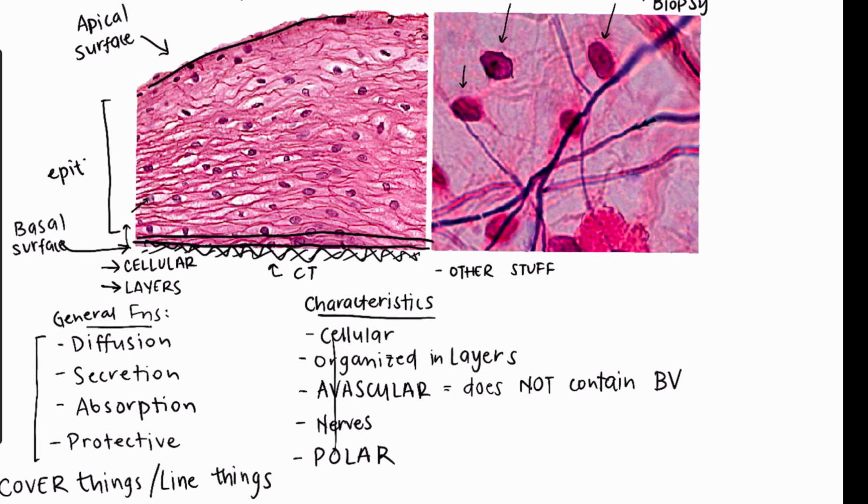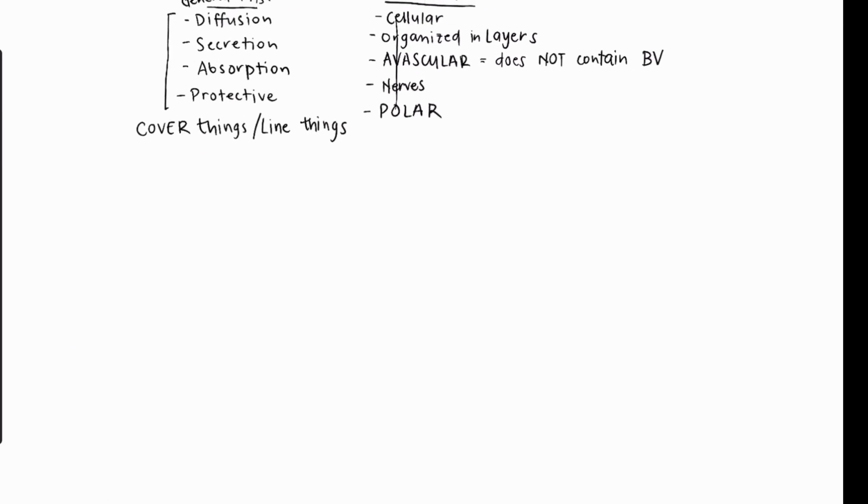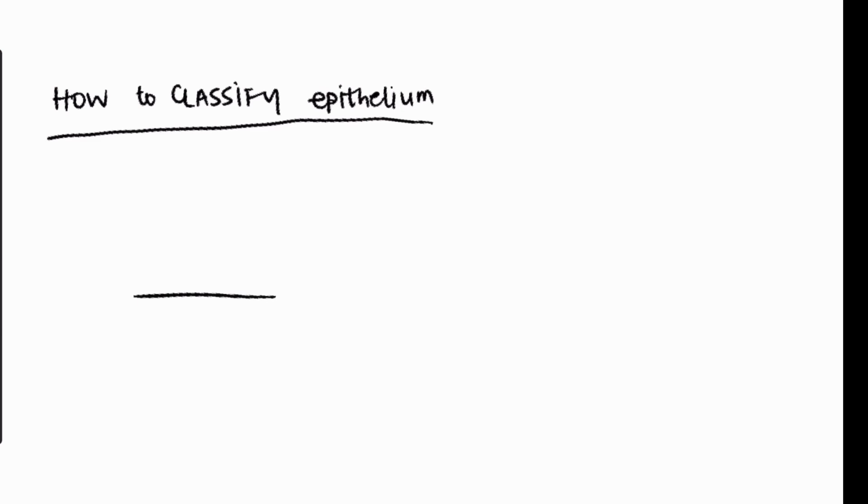The last thing we're going to get to with epithelium is how to classify epithelium. How do we name our epithelium? And there's a pretty easy way to think about this. The way we name epithelium is always by two words.